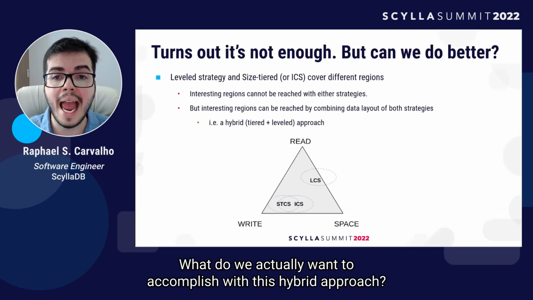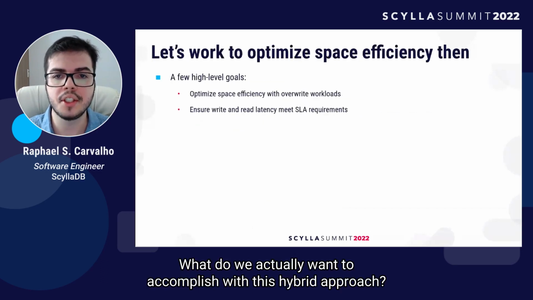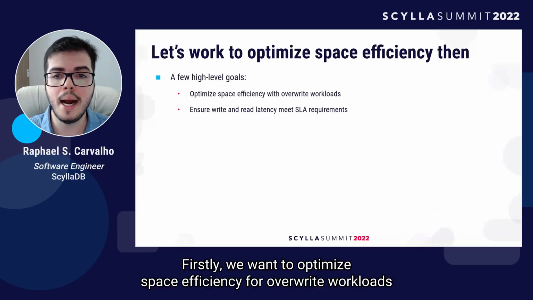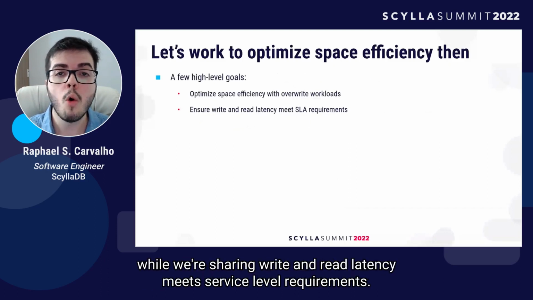What do we actually want to accomplish with this hybrid approach? Let's set a few high-level goals. Firstly, we want to optimize space efficiency for overwrite workloads, while ensuring write and read latency meet service level requirements.